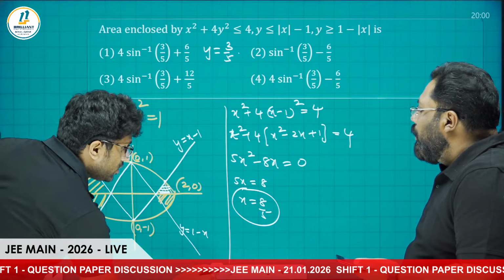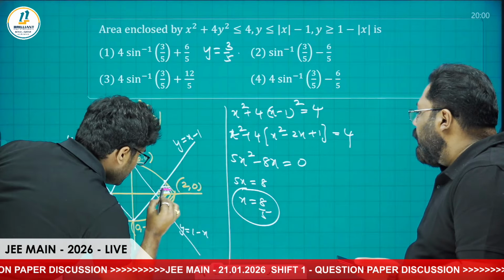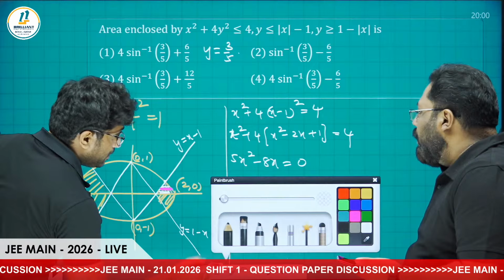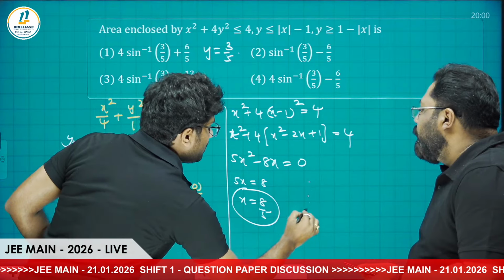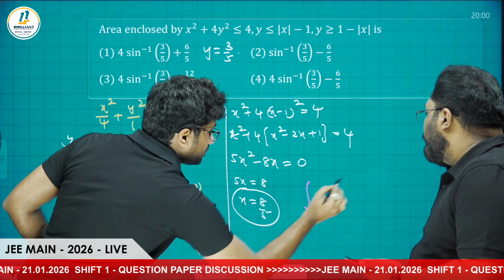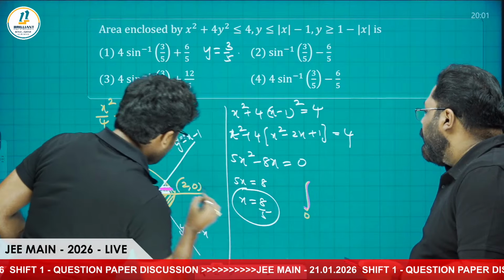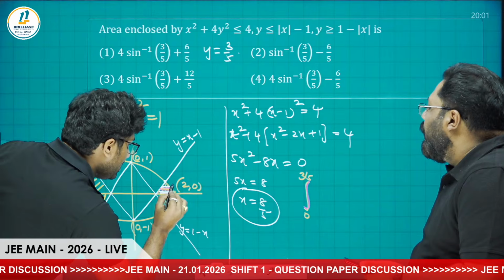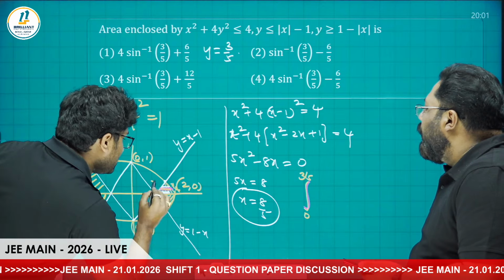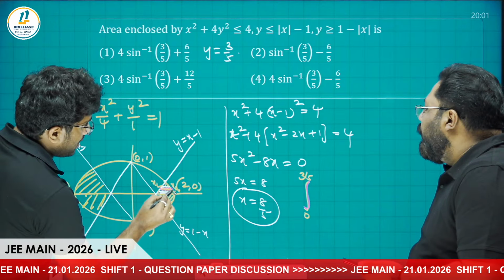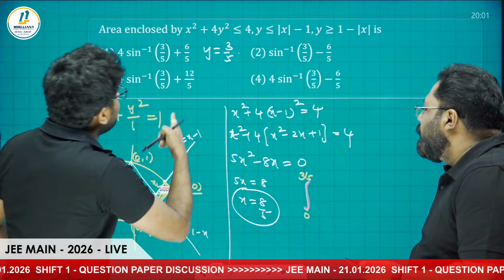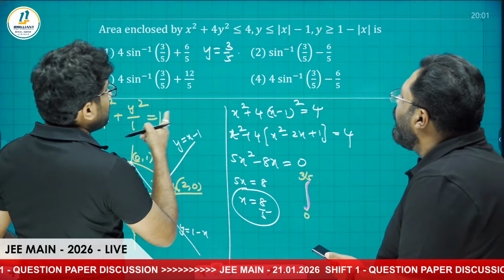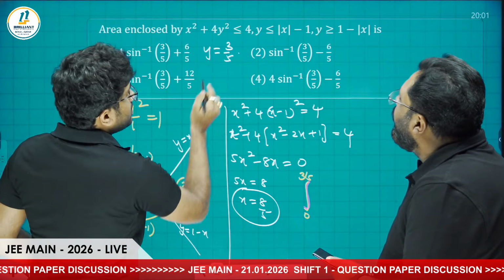So here if you are taking a horizontal strip, the limits of y are from 0 to 3 by 5, x right minus x left. Here this particular boundary is the ellipse, and what is the ellipse? X square plus 4y square is equal to 4.